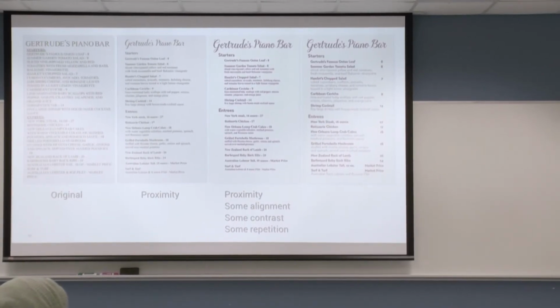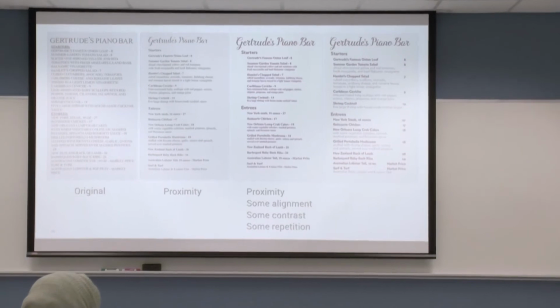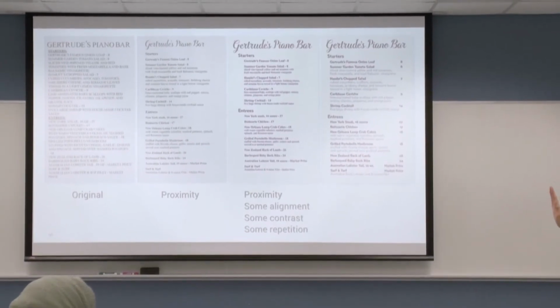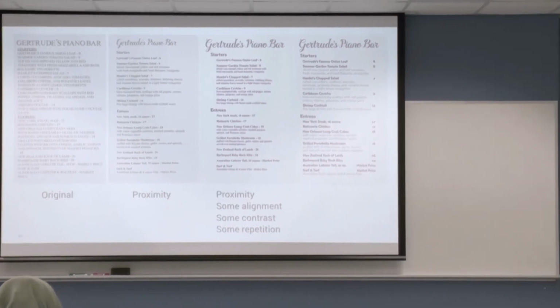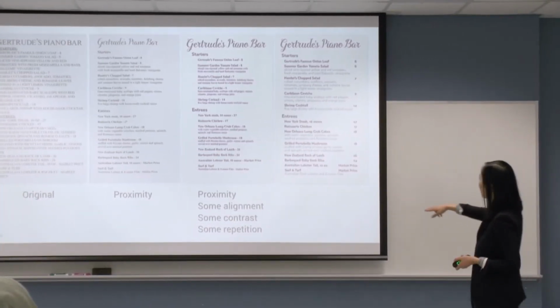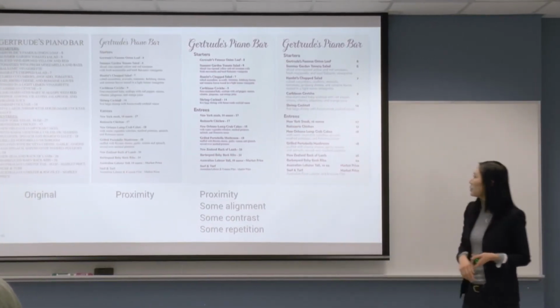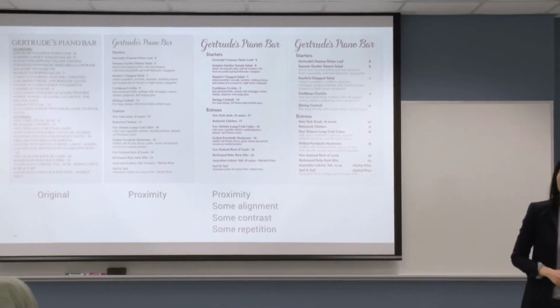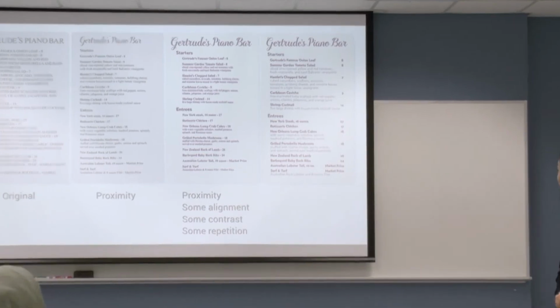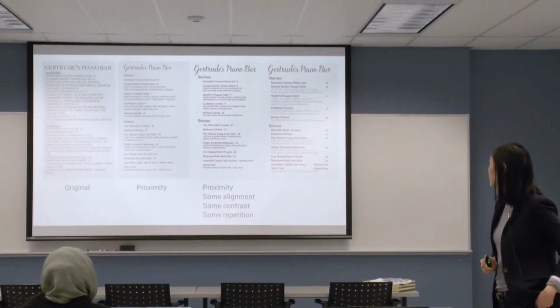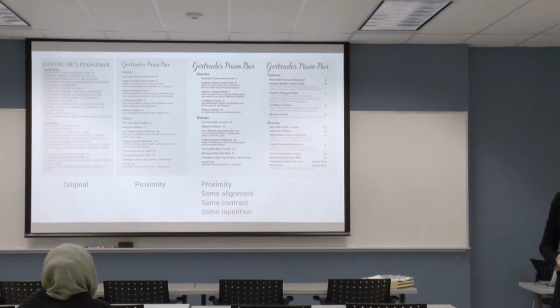I can use different alignment techniques by using flush left for my menu items and flush right for the prices on here. Okay, so I can tell New Zealand rack of lamb is the most expensive dish on this, right? Or if I'm on a budget, I can tell the least expensive is $7, which is a salad.